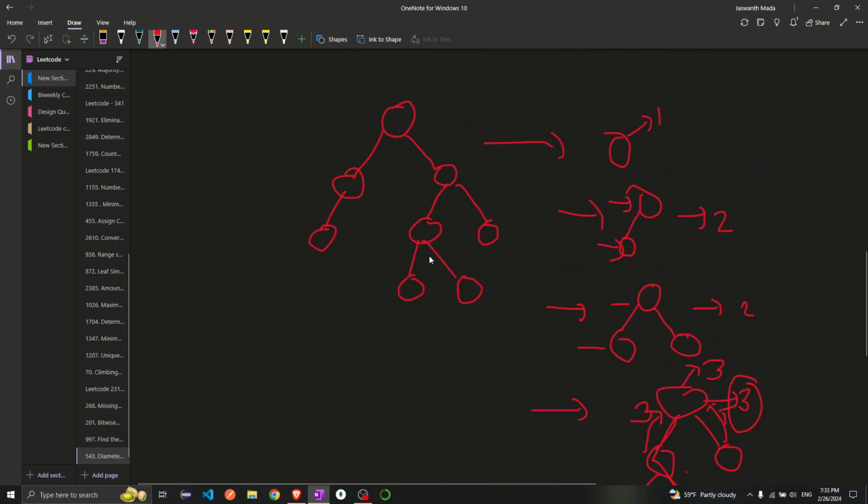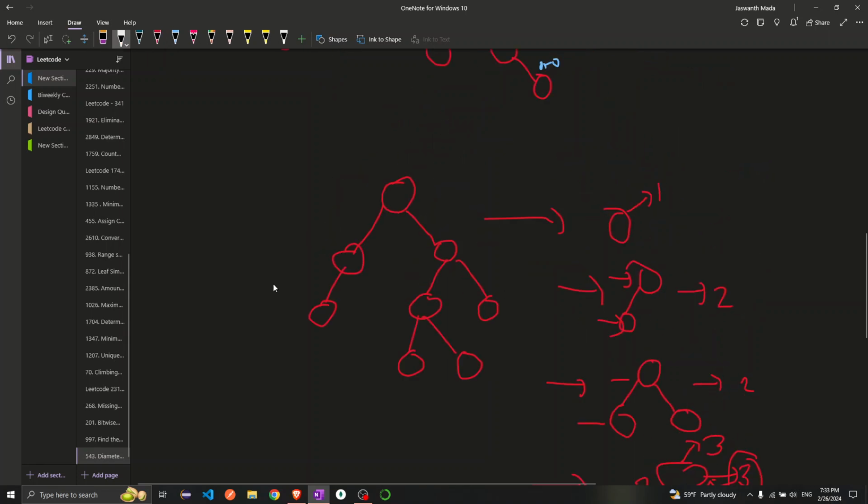Let's look at this example so that you can get a clear idea. So how am I going to find out the height? Suppose when I'm at root, I'll say go and get the height of the left subtree and go and find the height of the right subtree, right? Then I'll come to here.